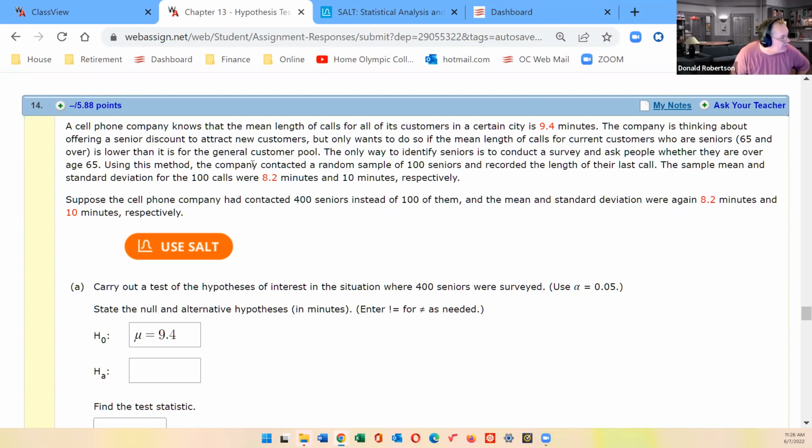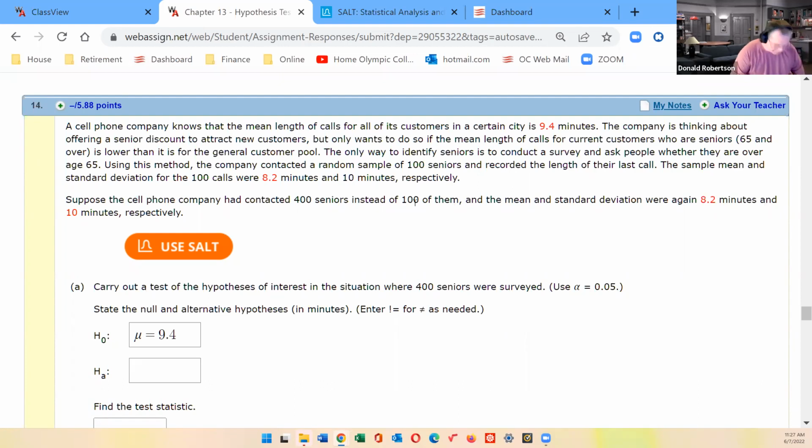Using this method, the company contacted a random sample of 100 seniors and recorded the length of their last call. Okay, and the mean sample, here we go, and standard deviation, right? So basically in that sentence, n is 100, my sample size. The mean length of call is 8.2 minutes and the standard deviation was 10 minutes.